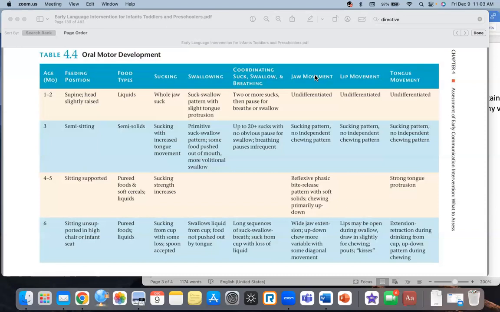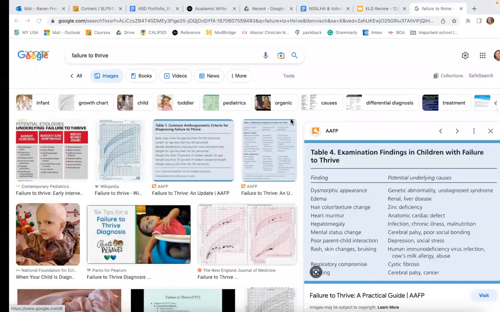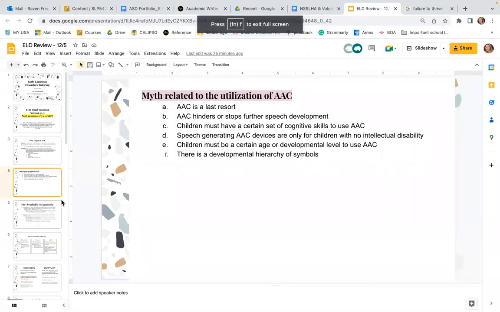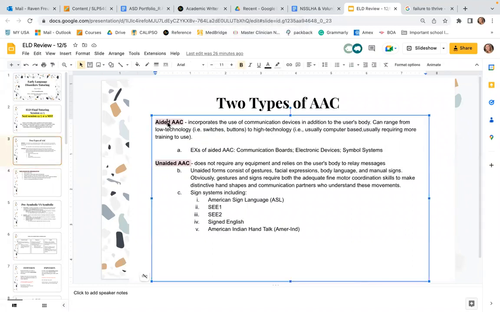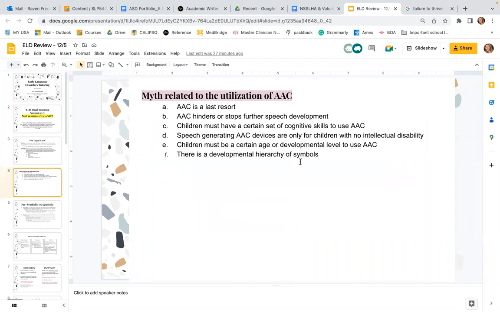Let me see if this is on my PowerPoint. Oh, here we go. Know the 2 types of AAC, aided versus unaided, because you're going to need it throughout graduate school. I talk about that in the recording, and I'm not going to talk about it since we have 5 minutes left.